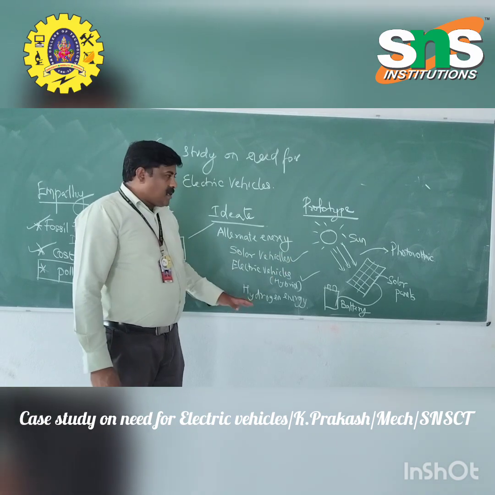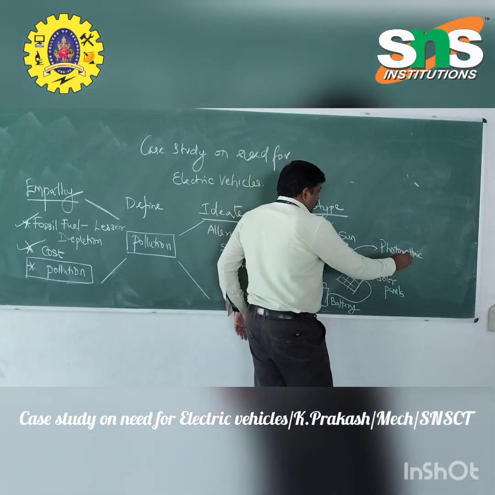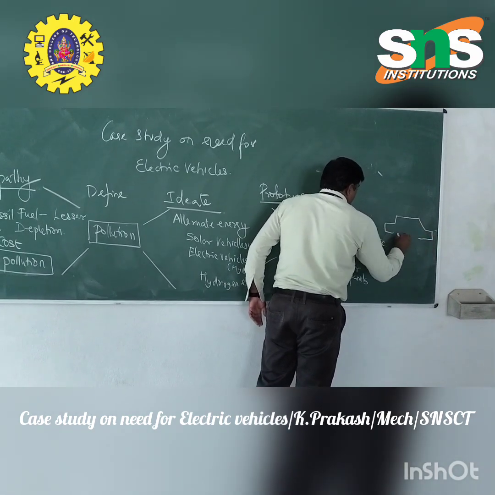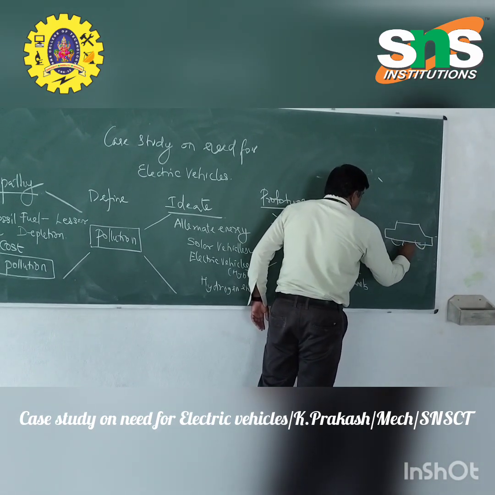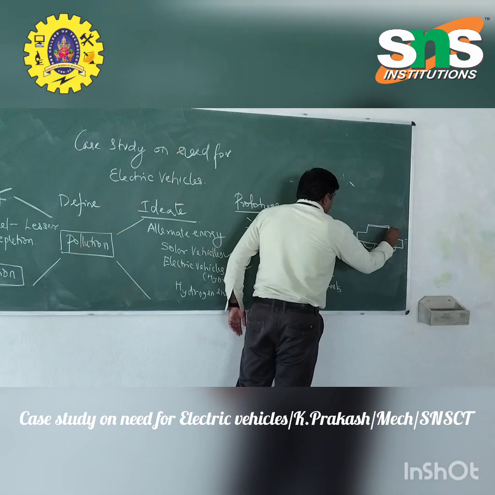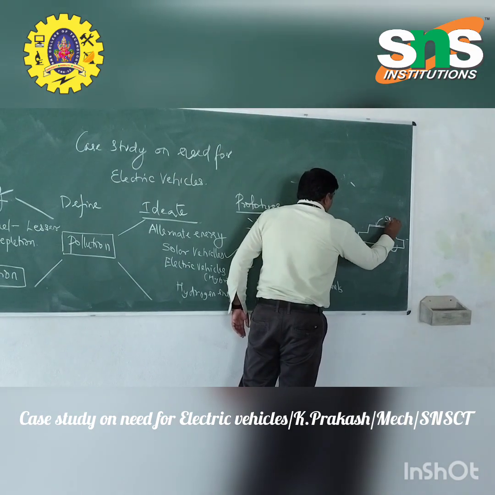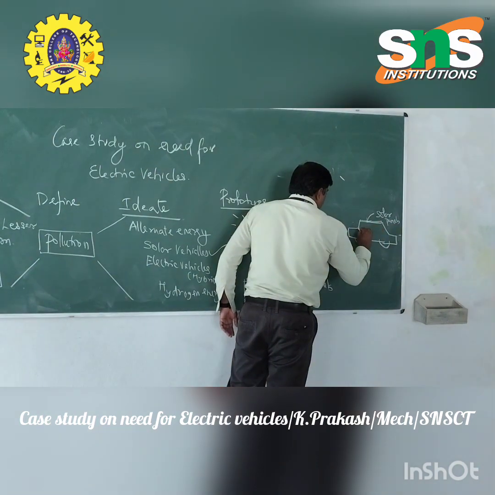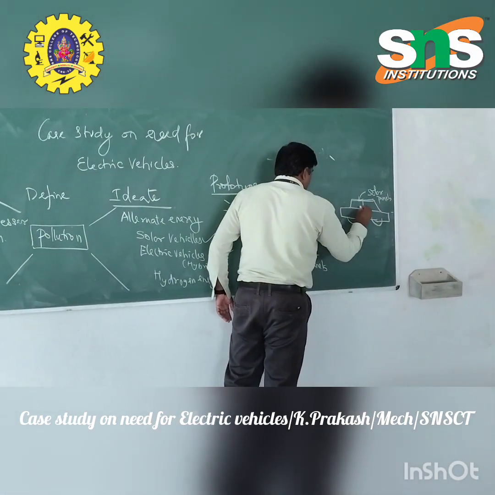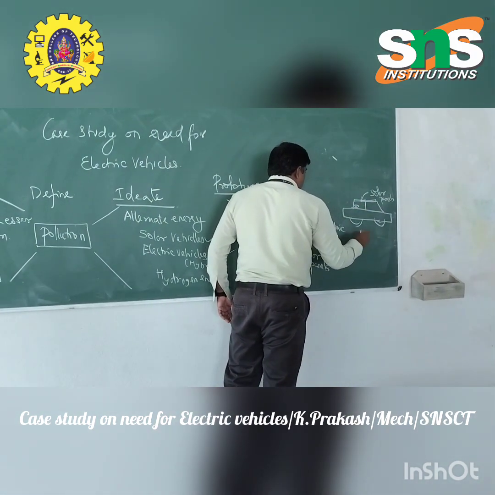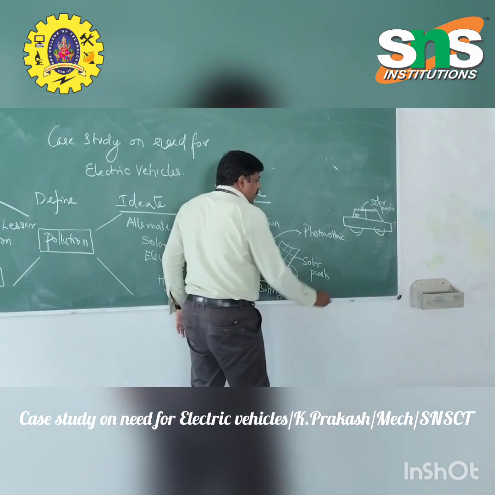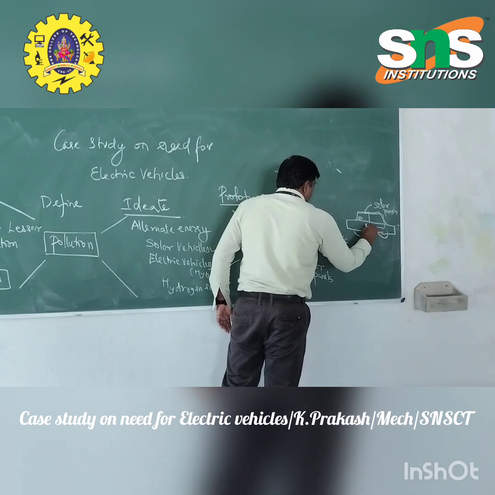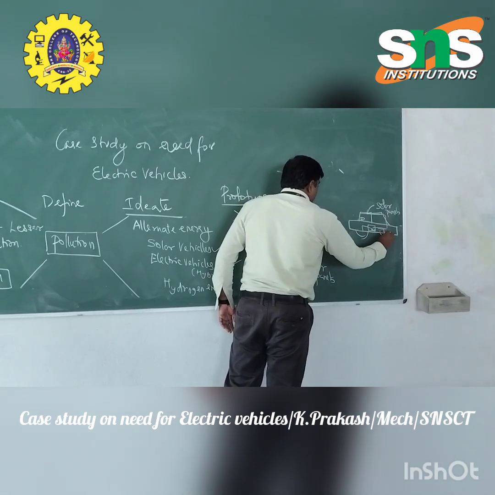Now we can make this setup in a vehicle. So if there is a vehicle like this, the topmost part can be converted into solar panels. So this can be made into solar panels, which can be used to charge the battery, and then it can be connected to the motor.